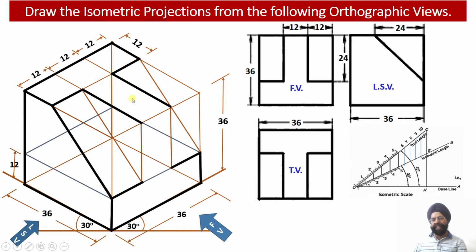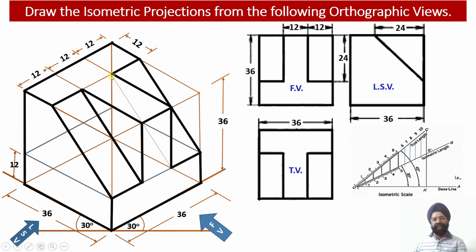This is my T-shaped surface which is projected on the top face. This is the inverted T-shaped surface which is projected in the front face. So we can see this T-shaped surface on the top view, and this inverted T-shaped surface in the front view has been obtained. And this is one slant edge and this is another slant edge.